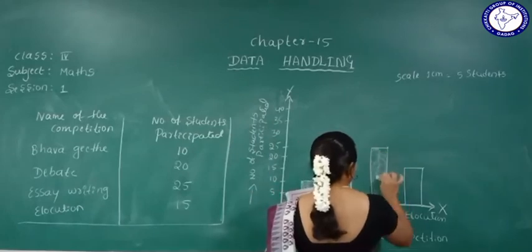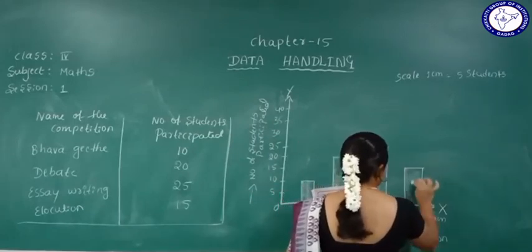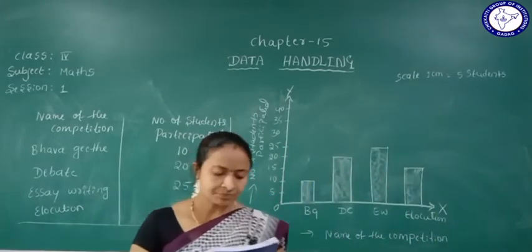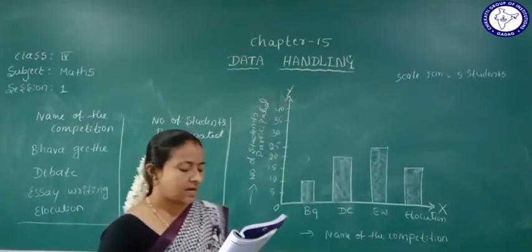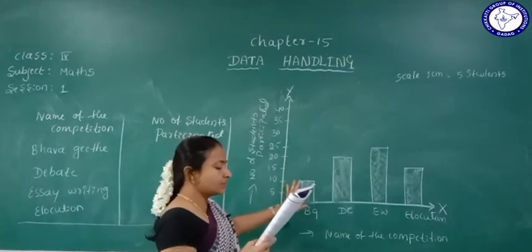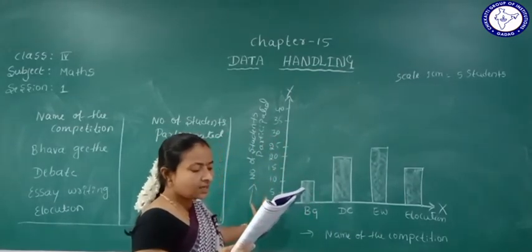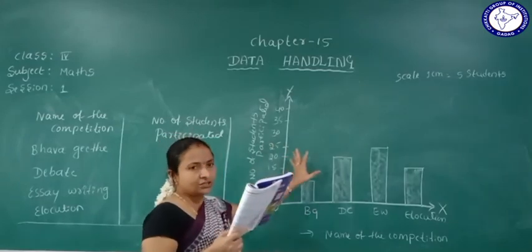Next, what will we do? They have given some questions for us to answer. First, understand that if the numbers given in the data are small, then the bar graph can be constructed on a single sheet.